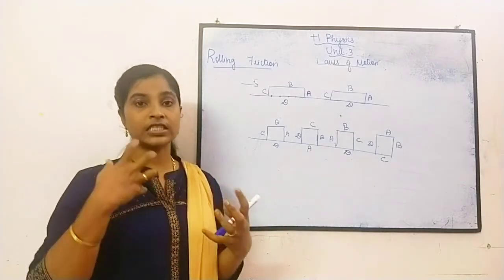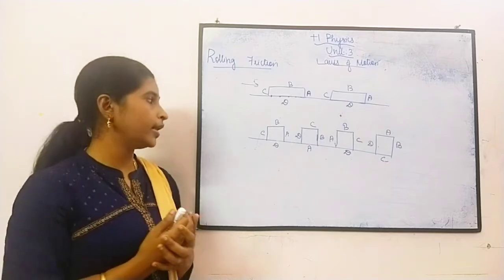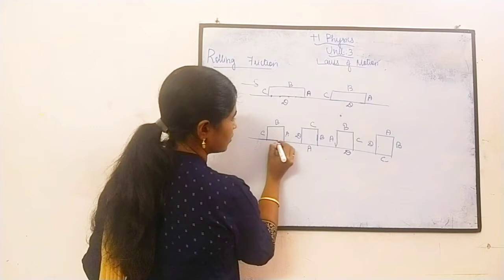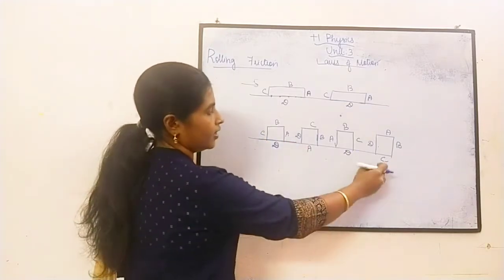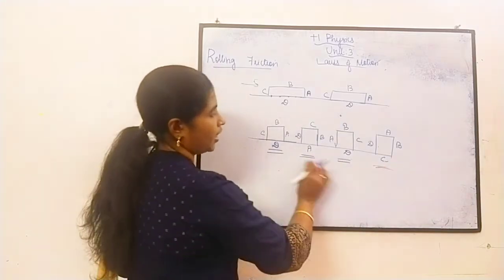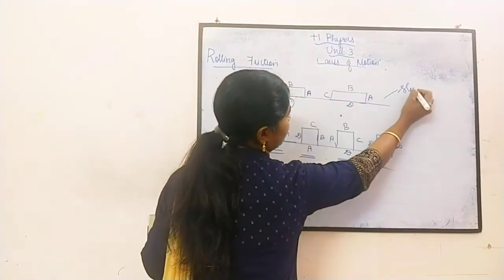The object which is in contact with the surface is rolling. So the surface of contact is varying. Here it is D, here it is A, again D, again C. The case where the surface of contact stays the same is called sliding.